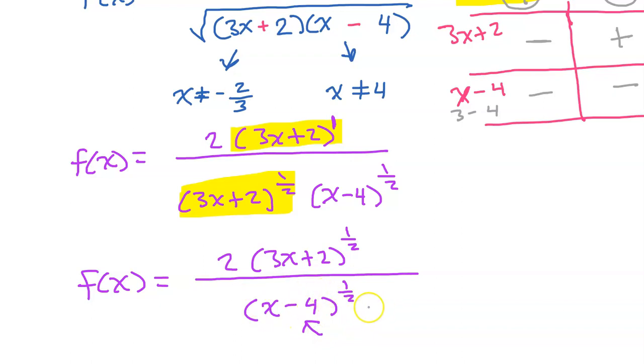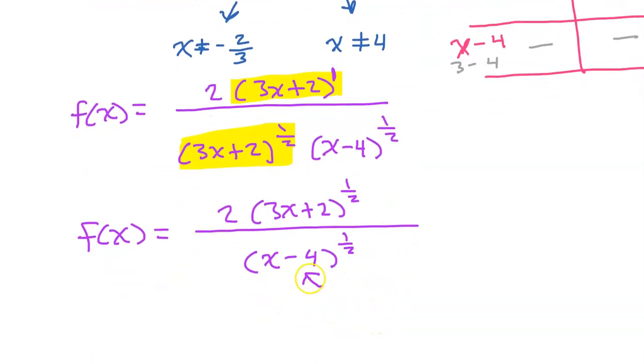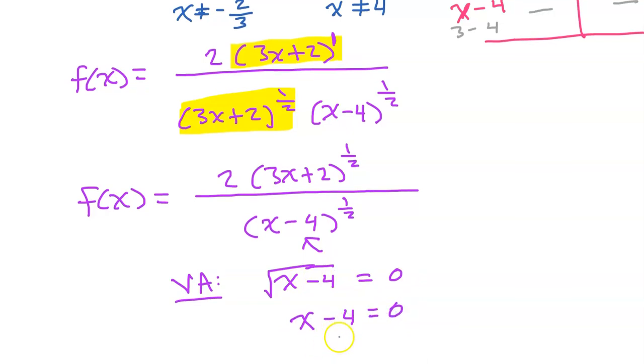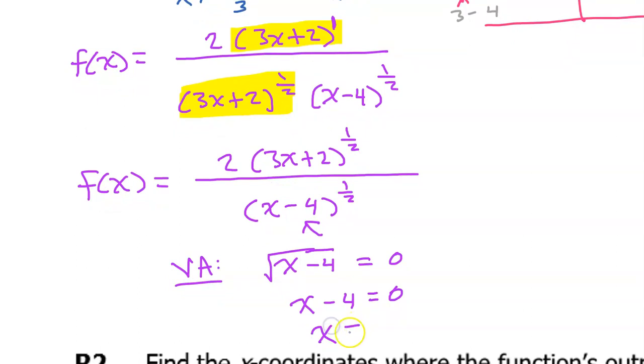If I were to set this denominator equal to 0 and solve, because that's where vertical asymptotes come from, setting the denominator equal to 0, let's go ahead and put this back as a square root. So we have the square root of x minus 4 equals 0. Then I would square both sides, so I get x minus 4 is equal to 0. And then I add 4 to both sides, and I get x is equal to 4. So that is my vertical asymptote.